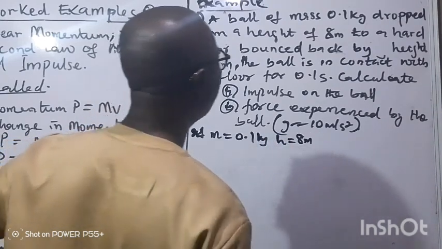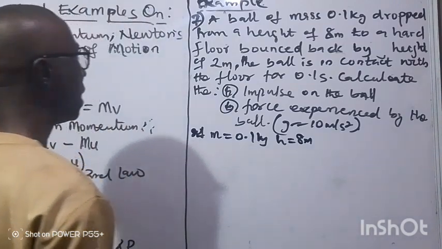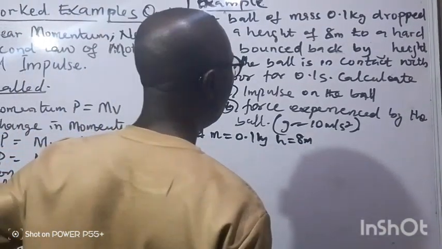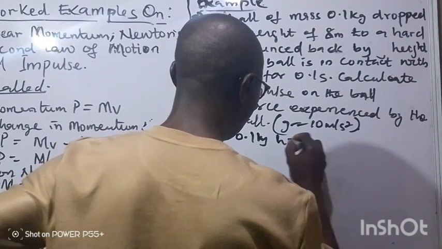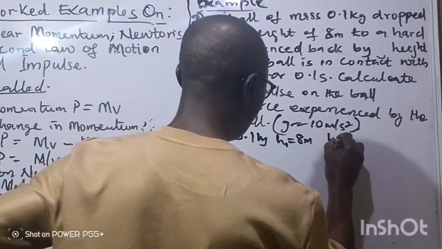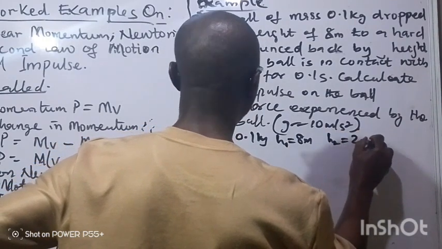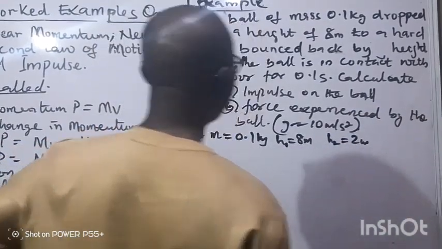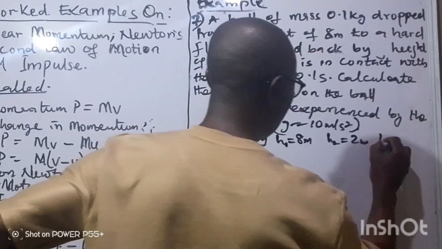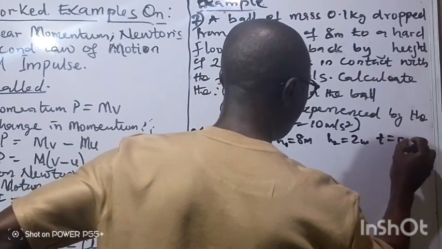On hitting the hard floor, the ball bounced to another height, call this one H2, 2 meters. Then it is in contact with the floor for time t equal to 0.1 second.